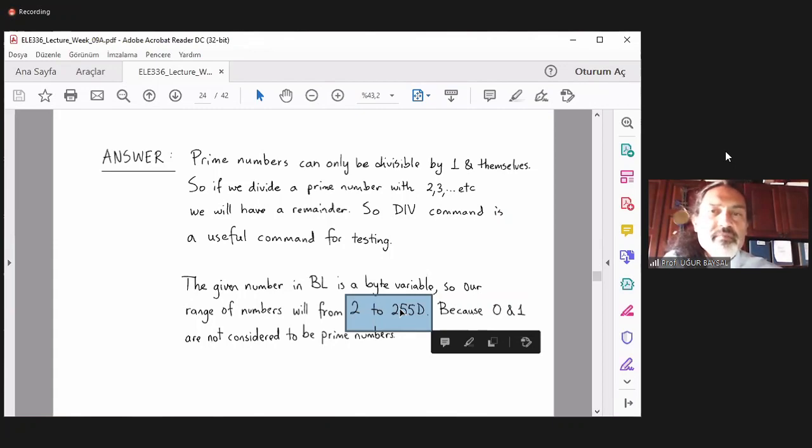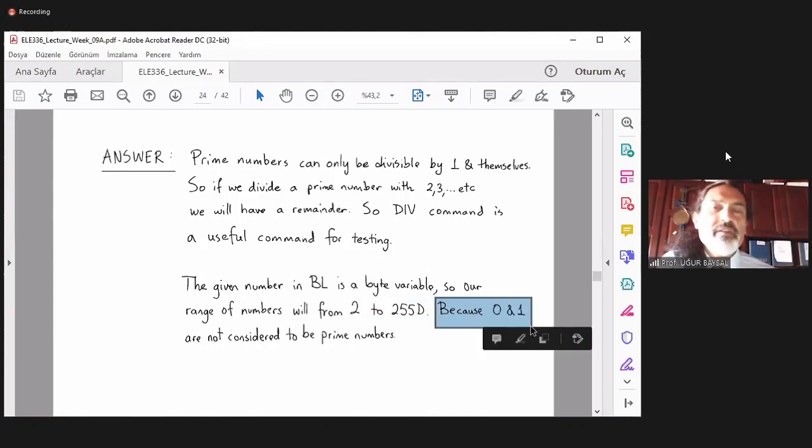Because we are not checking 1. And, well, actually, we don't check whether 0 is a prime number or so. Whether 1 is a prime number or not can be argued, but we assume not, and they are not considered to be prime numbers. These are our assumptions. We have to state the assumptions.